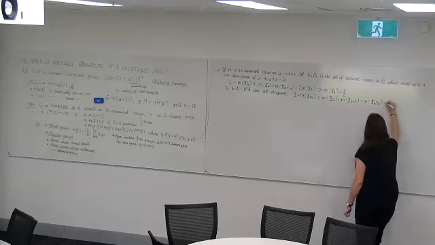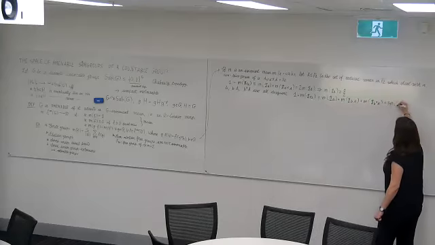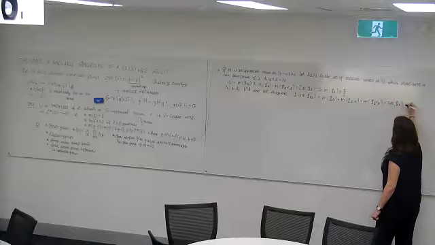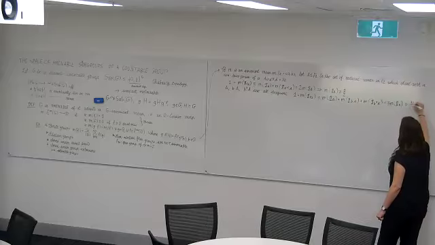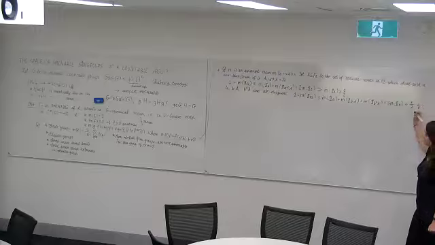So you get that this is 3 times 1/2, which gives a contradiction.